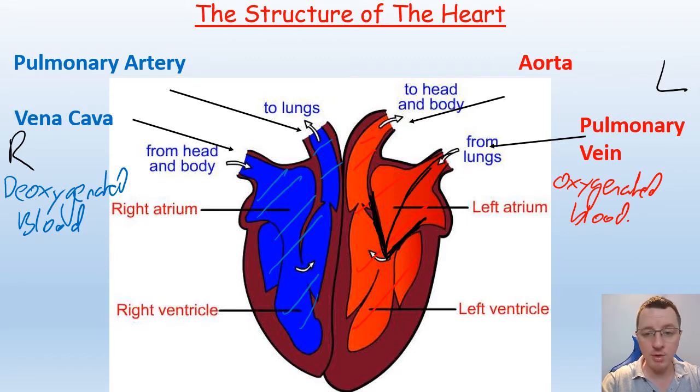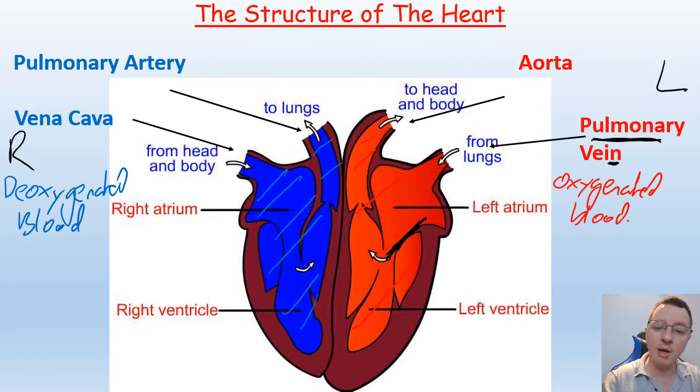We can turn them into an arrow, and if you know that the blood is oxygenated on the left hand side, then that blood must have just come from the lungs, and the science word for lungs is pulmonary, and we should remember that a vein is always going into the heart, so that should be quite easy for us to identify. Here we have the pulmonary vein going into the heart.